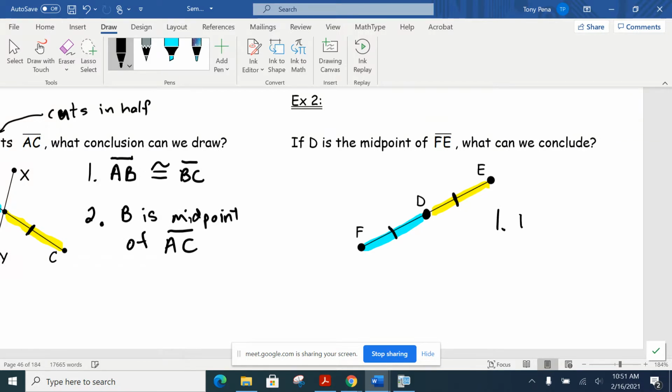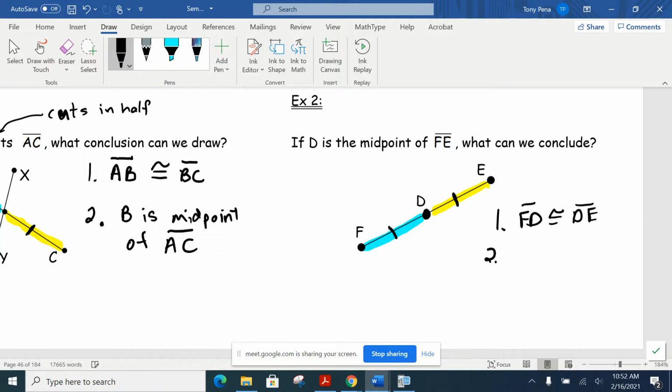And then that is FE, that segment. Oh, no, sorry, not FE. A little rusty with my eraser today. So FD, the blue segment, has to be congruent to the yellow segment, and that's because D is the midpoint of FE.